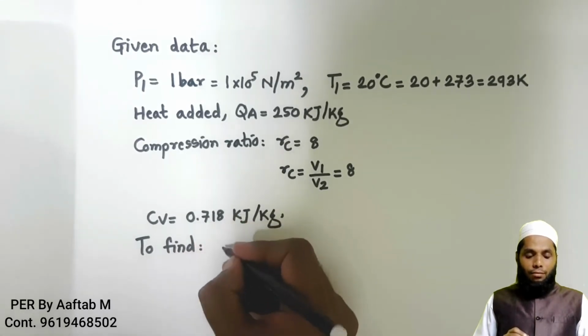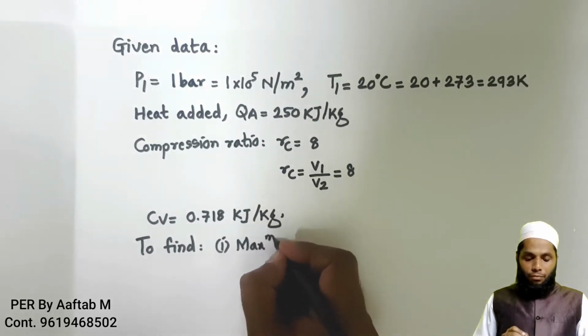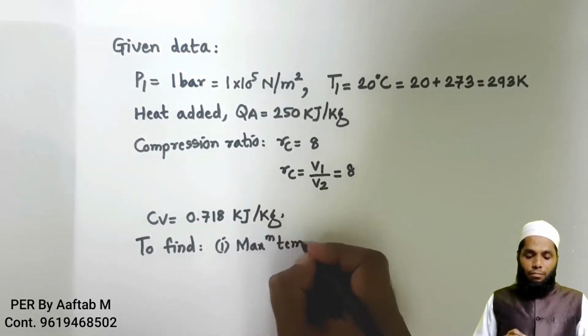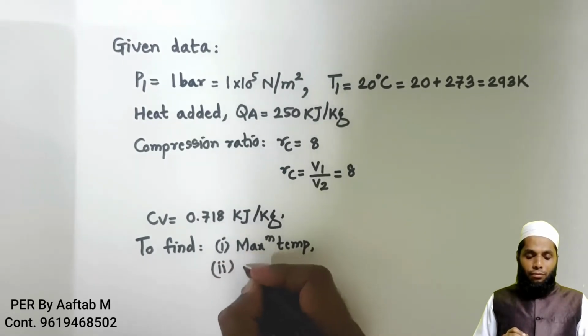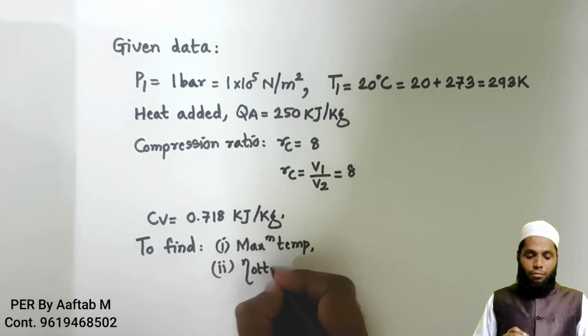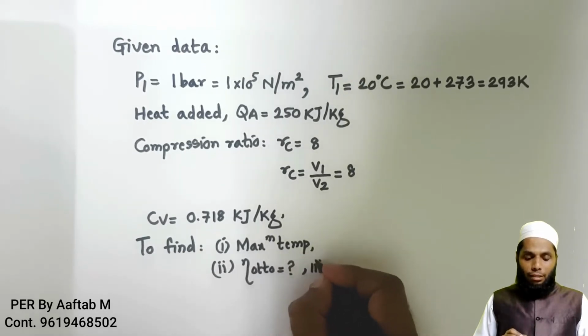Then we have next, that is parameters to find. First one, maximum temperature, then air standard efficiency of Otto cycle.